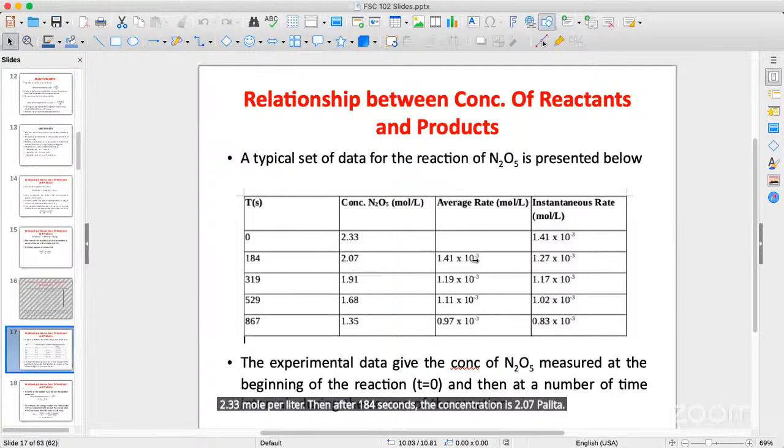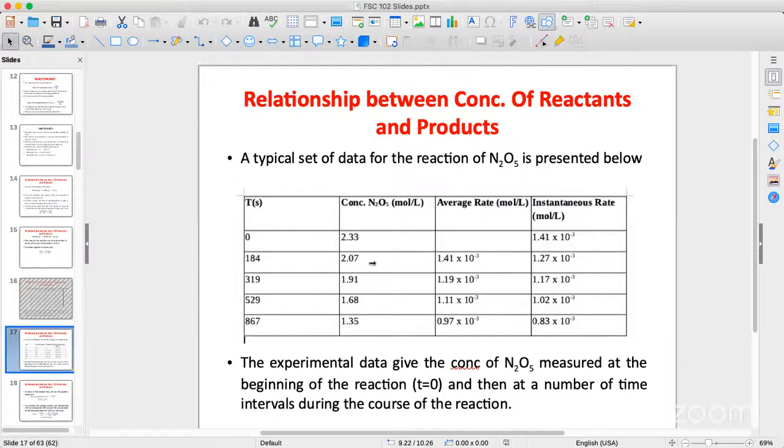Now, to determine this average rate, you're going to subtract. Remember, we said the initial concentration minus the final concentration divided by your time, meaning that 2.07 minus 2.33 divided by 184.